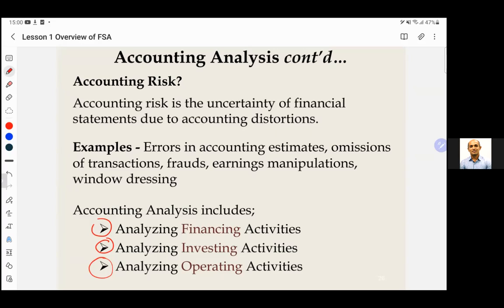We have 3 lessons under accounting analysis: analysis of financing activities, analysis of investing activities, and analysis of operating activities.